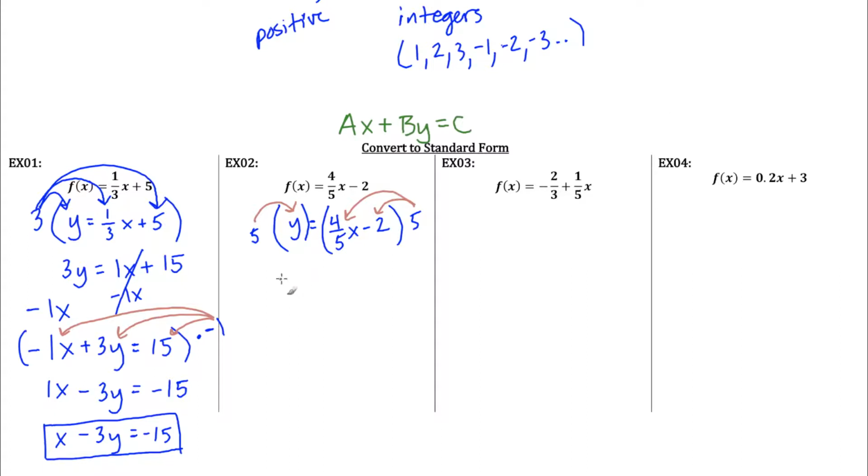So 5 times y is 5y. This is positive 5, so positive times positive is positive. 4 times 5 is 20, 20 divided by 5 is 4. Positive times a negative is a negative. 5 times 2 is 10.